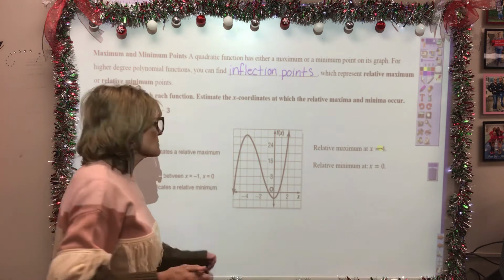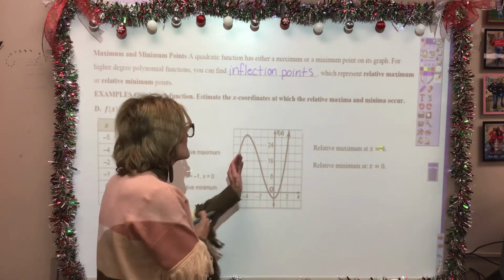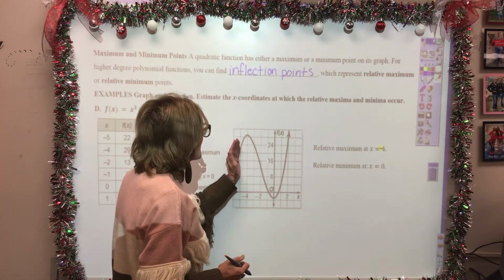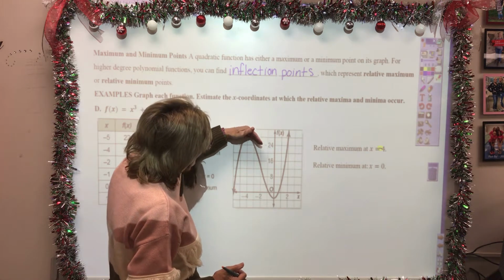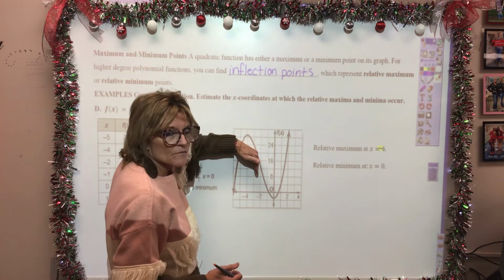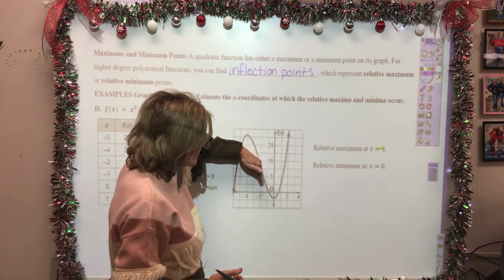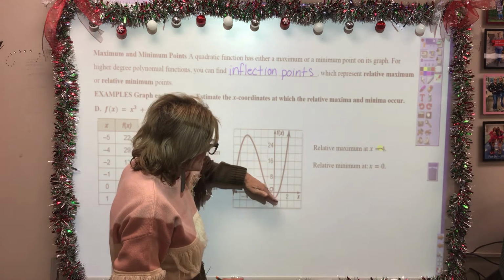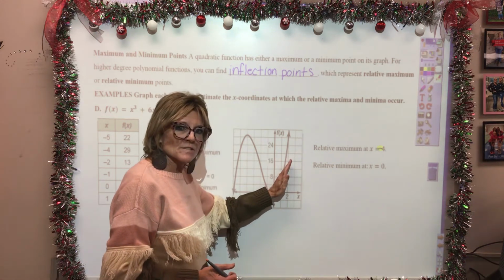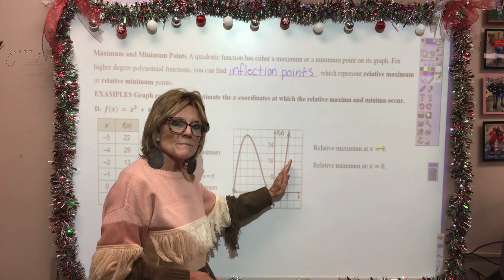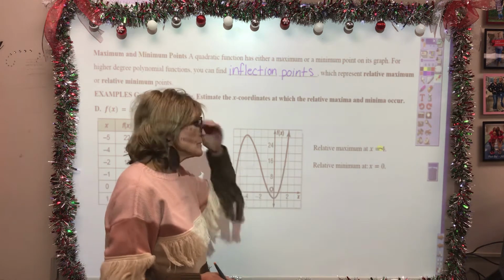And what an inflection point is, it's when the graph makes a turn. So we're climbing up, we hit a peak here, and then we start going down. That's called an inflection point. Or here, we're going down, we make a turn, and we head up. That's an inflection point. Those are where maximum and minimum values occur.